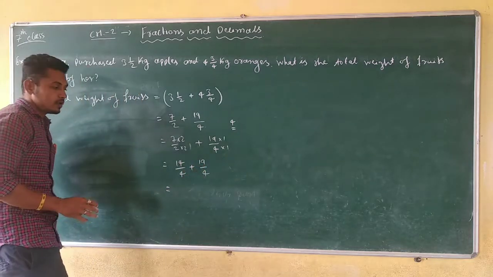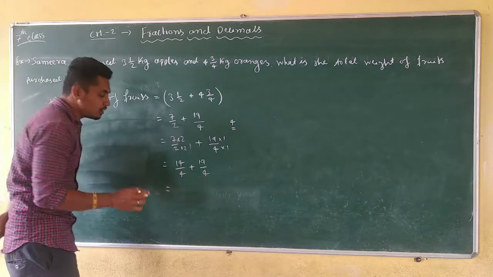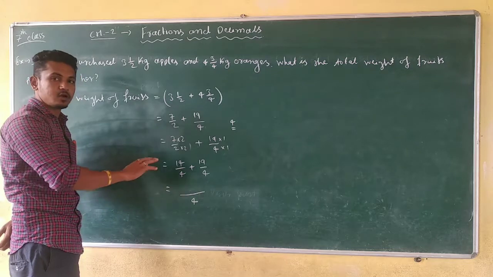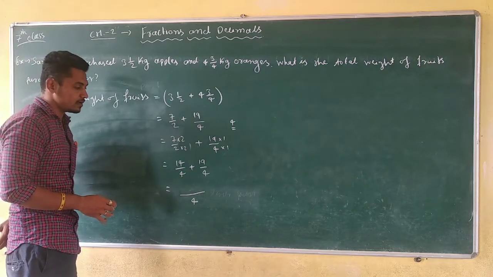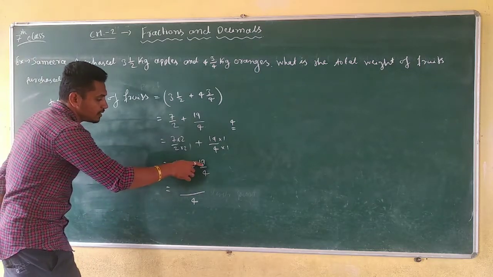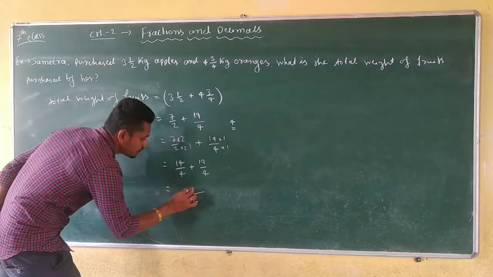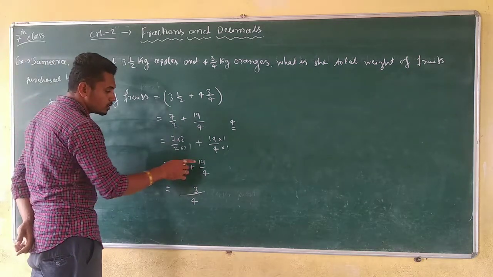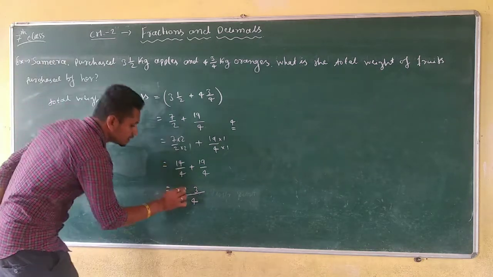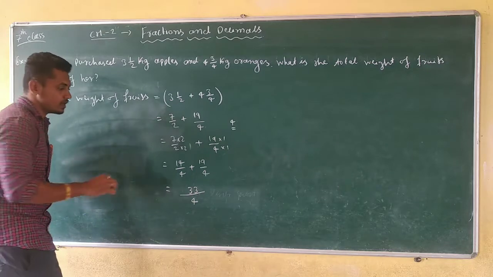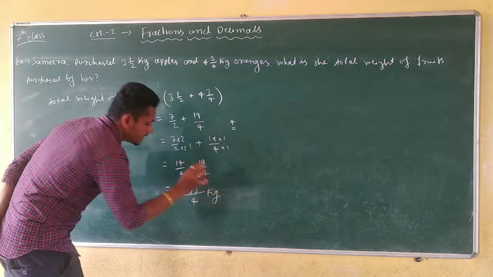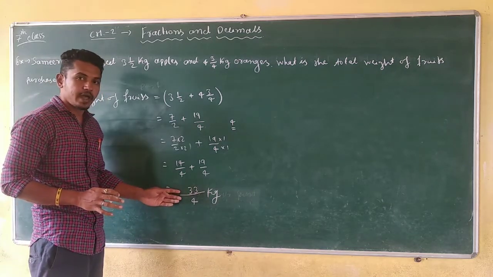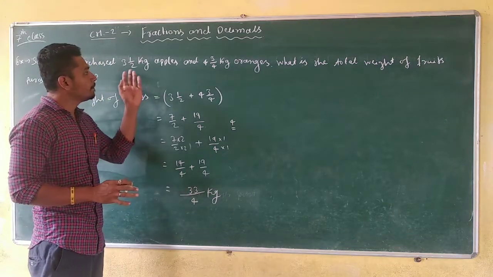If the denominators are equal, then write the denominator as it is. Only add their numerators. So see here, 14 plus 19 is 33. 33 divided by 4 kg. Now we have to convert this improper fraction into a mixed fraction.